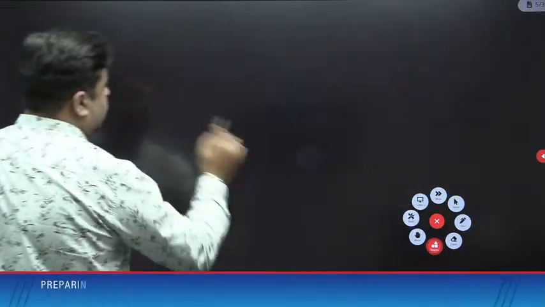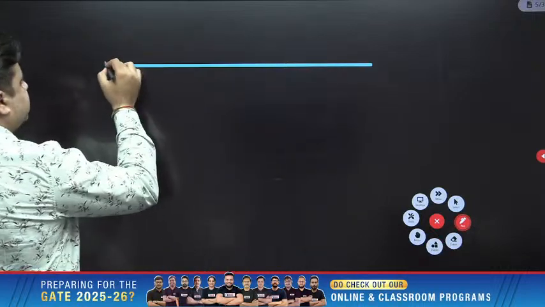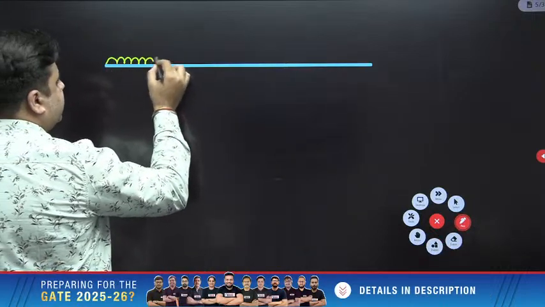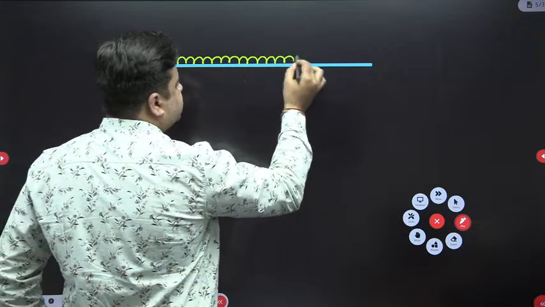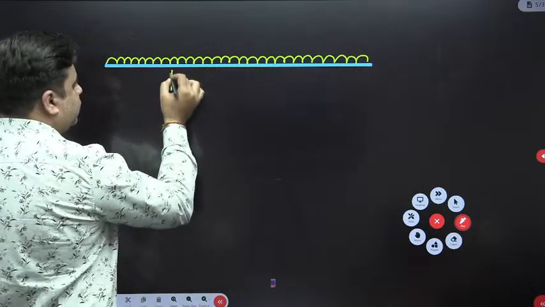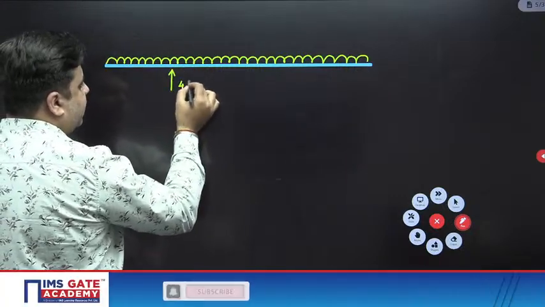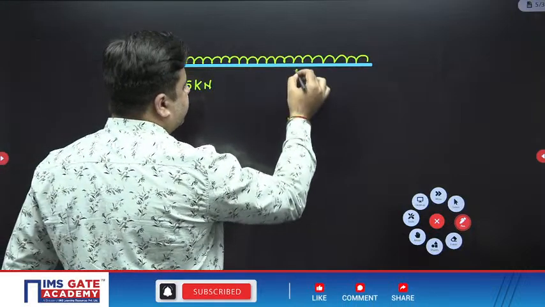Check this out. So this is your beam, which is subjected to UDL of intensity 10 kilonewton per meter. And simultaneously it is subjected to vertical loads of 45 kilonewton support reactions, here and here also.